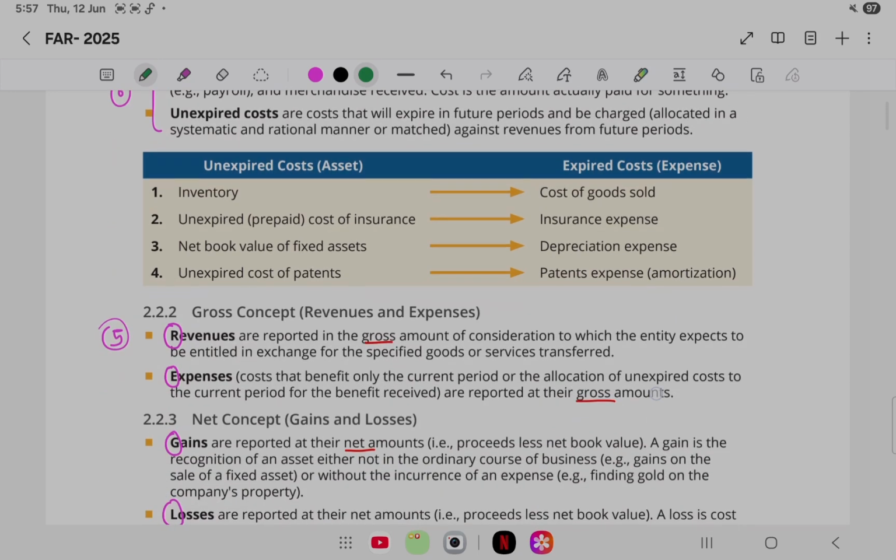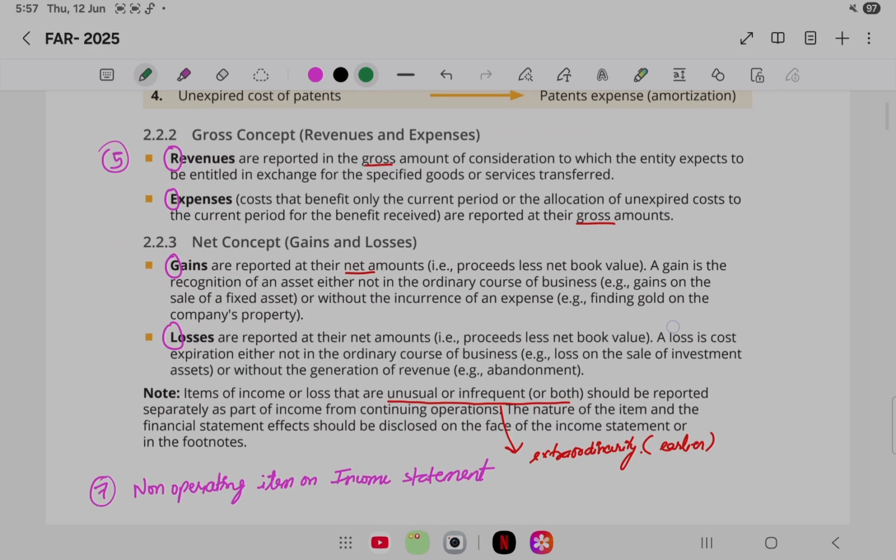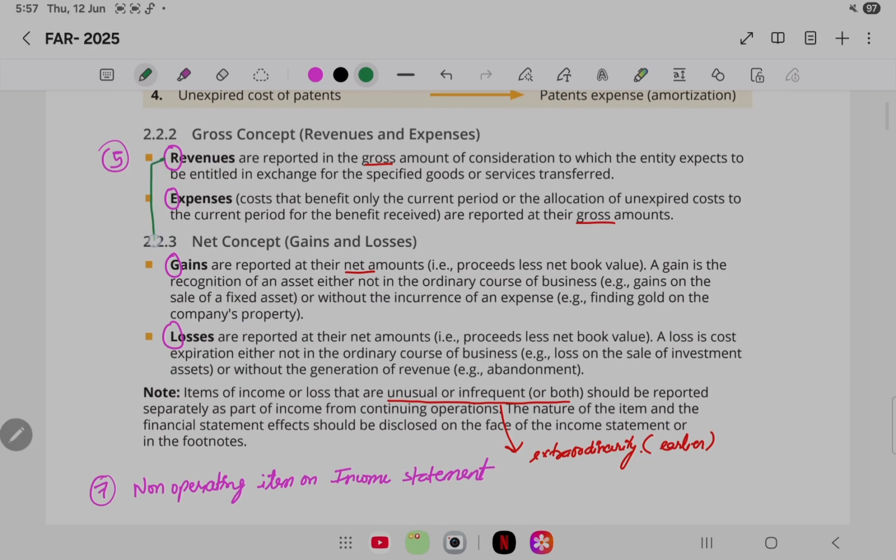Now come on to the concept of REGL. Got it? So what is revenue? Revenue is reported in the gross amount of the consideration to which the entity expects to be entitled in exchange for the specified goods and services transferred.